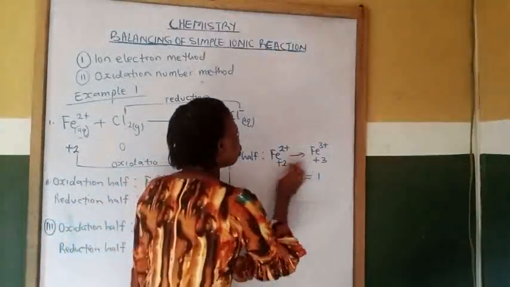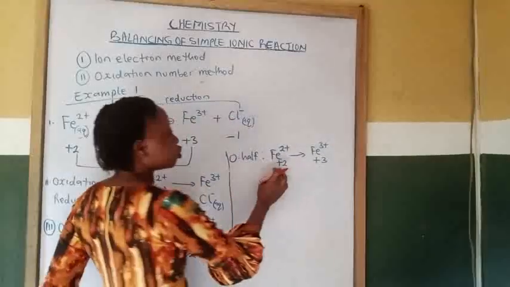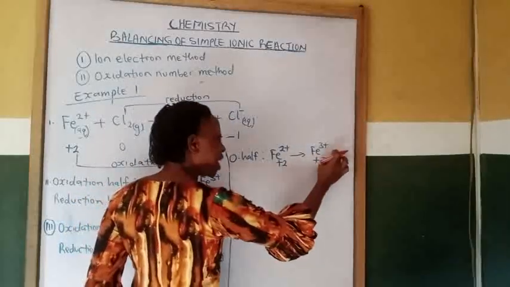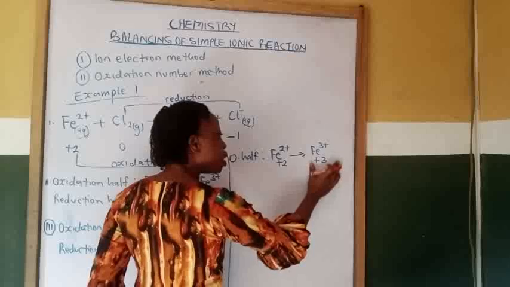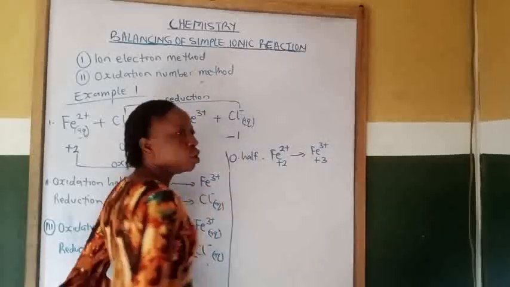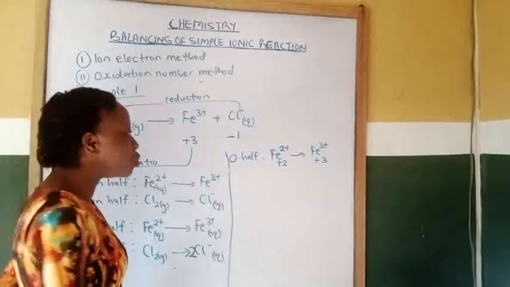Now, to make the reactant side equal to the product side, you add electron to the side with more electrons.